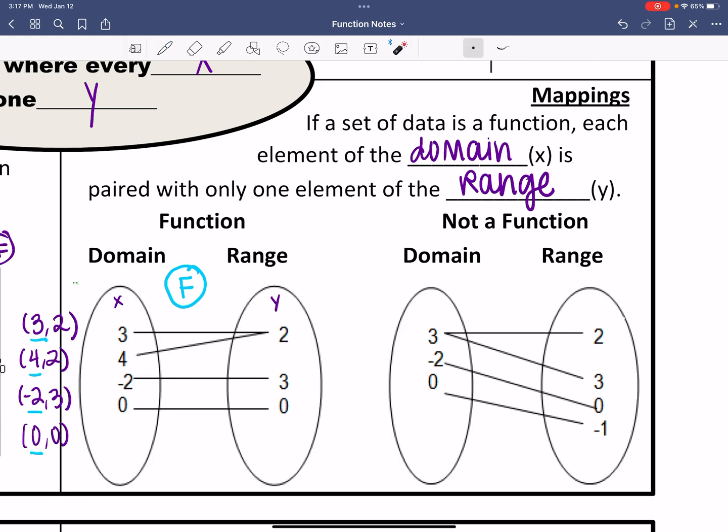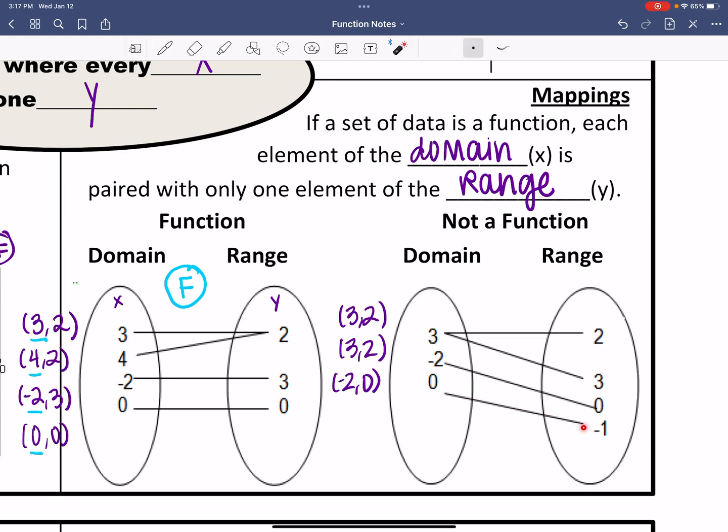I have 2 lines coming from one x value. So I have 3 being paired with 2, and I also have 3 being paired with 3. I also have -2 being paired with 0.